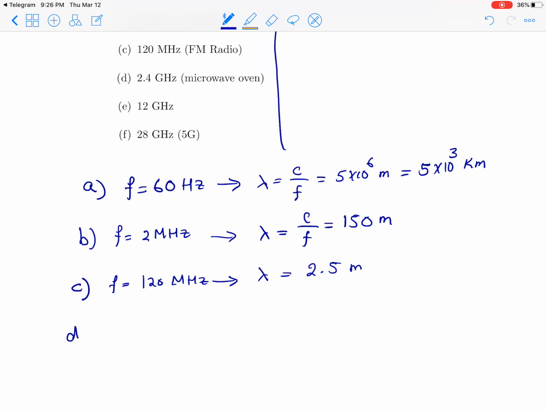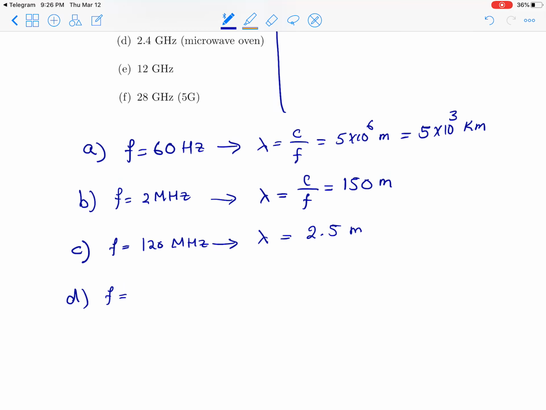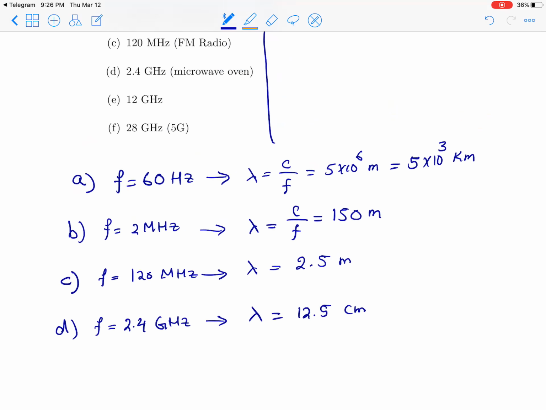If we go to 2.4 gigahertz, which is the frequency of the microwave oven, and at the same time one of the frequencies of Wi-Fi, the wavelength is 12.5 centimeters.